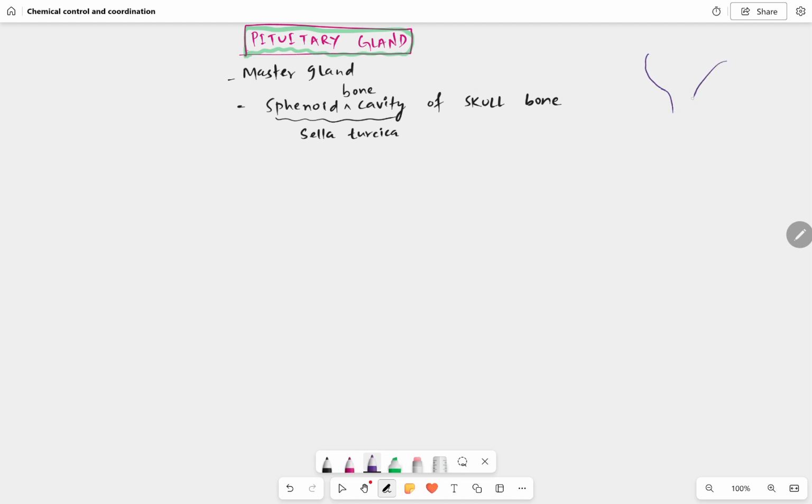More or less this kind of structure is there. This is the region of the hypothalamus, and in the hypothalamus some neurosecretory cells are there, like this.